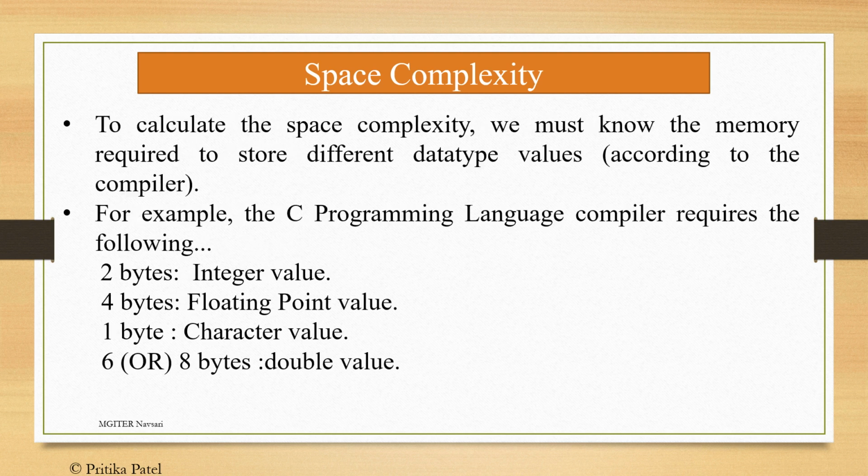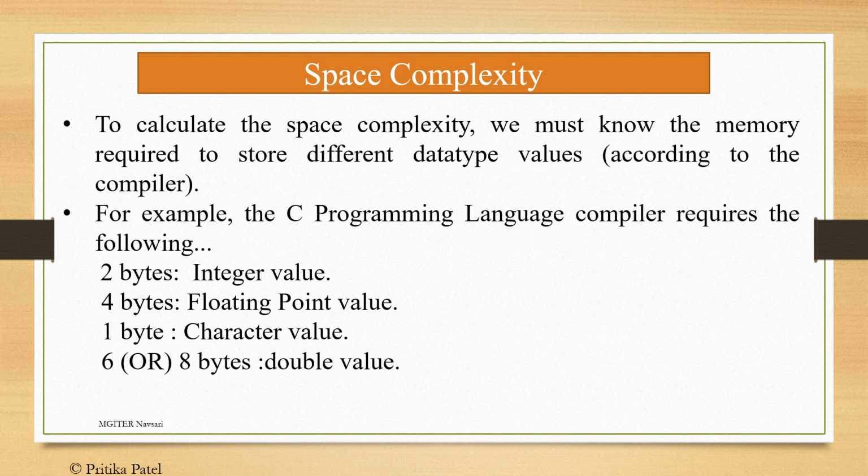Now, to calculate the space complexity, we must know the memory required to store different data type values based on the compiler. So, according to the compiler, we must know the memory requirement to store different data type values.